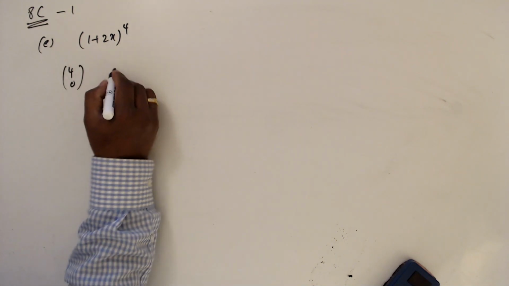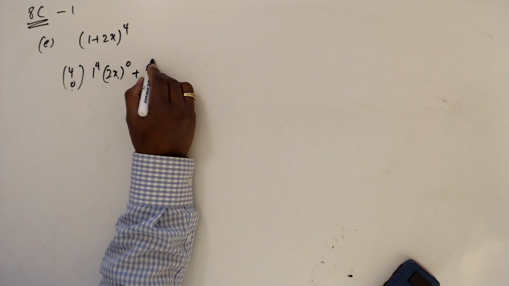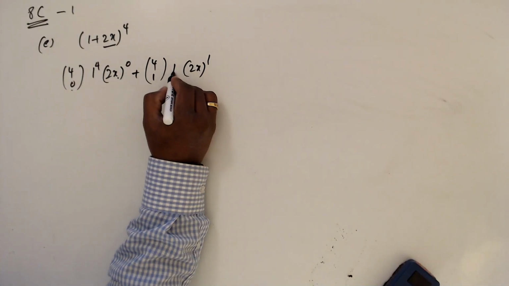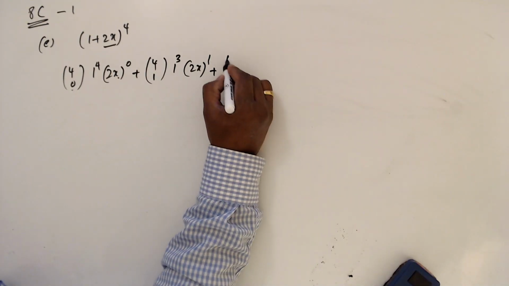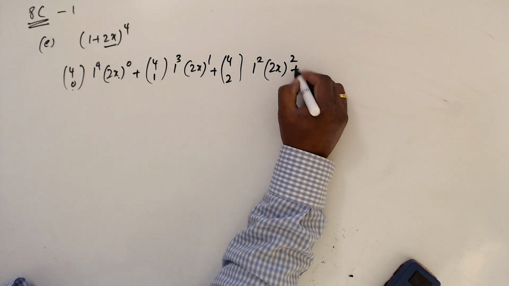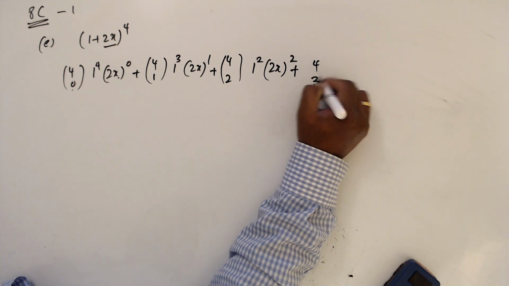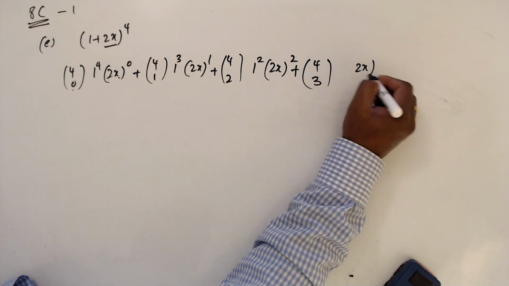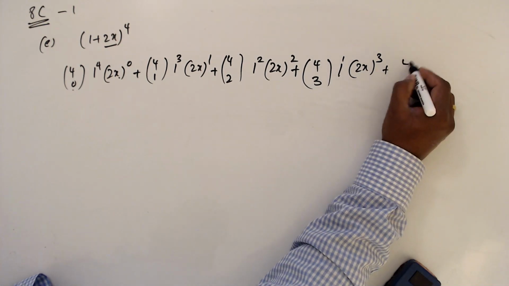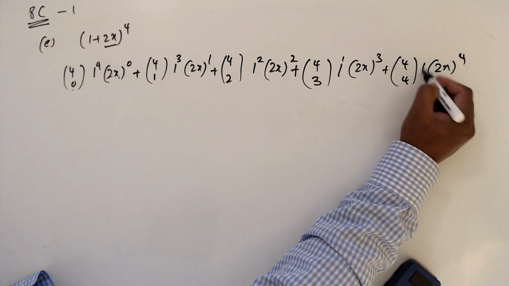So 4 0, 2x0, and then 1 4. 4 1, then 2x1, right hand side 1, and then left 1. 4 2, then 2x square and 1 square, and 4 3, 2x cube 1, and 4c4, 2x4, 1.